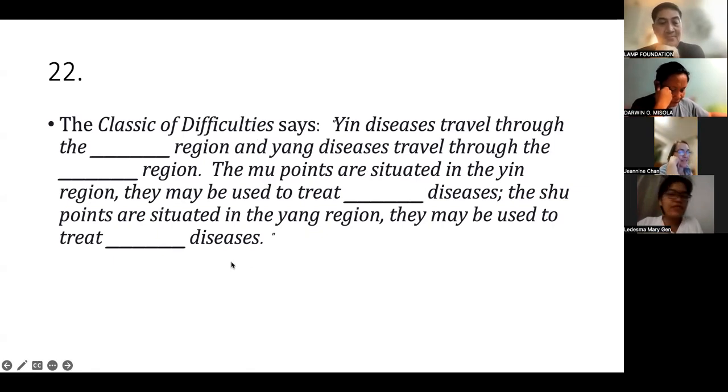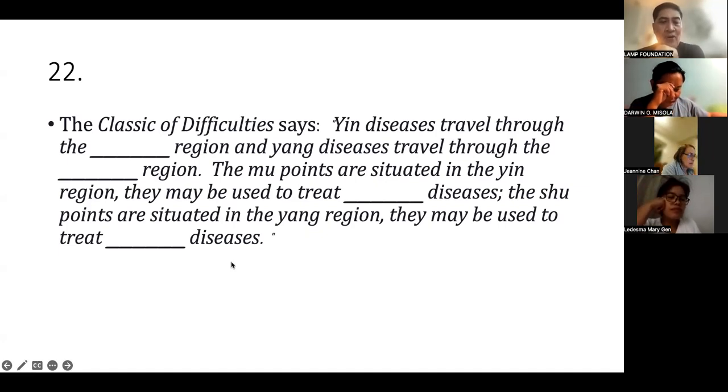Yes, the Classic of Difficulties says yin diseases travel through the yang region, and yang diseases travel through the yin region. So the mu points, situated in the yin region, may be used to treat yang diseases.